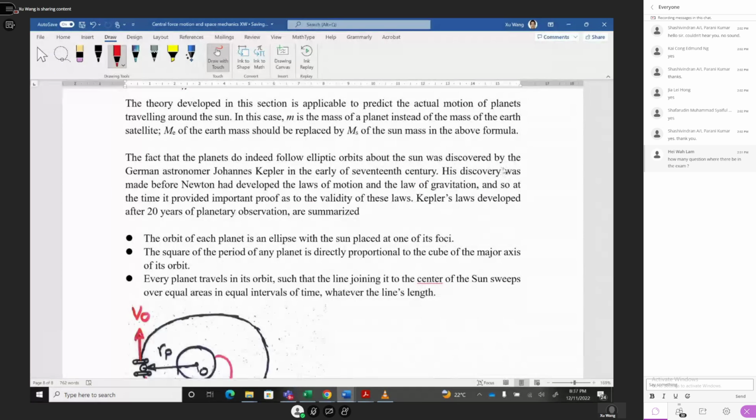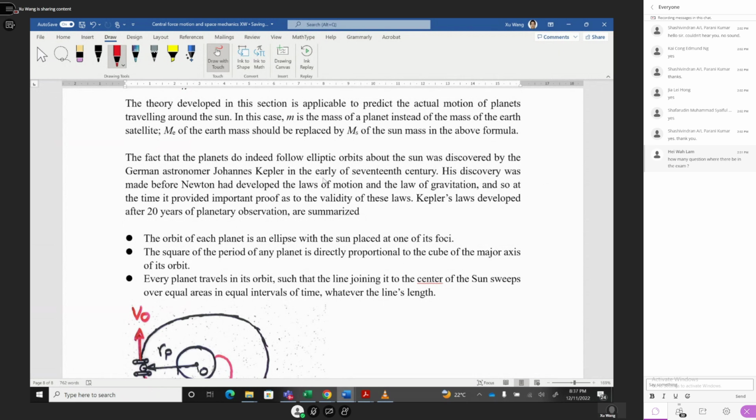His discovery came long before Newton developed the law of motion and the law of gravitation. So at the time, it provided important proof and validation of these laws. He just validates Newton's law.